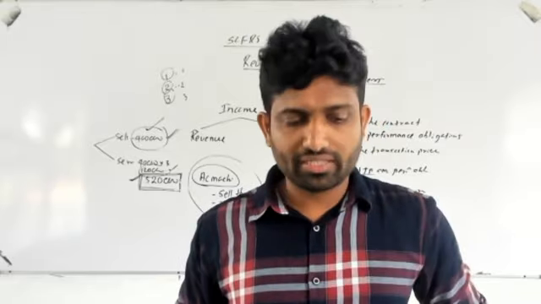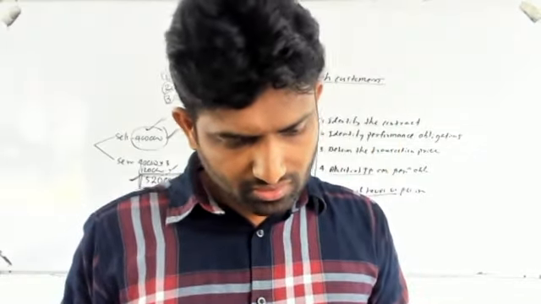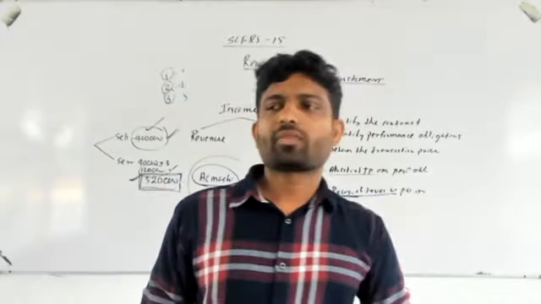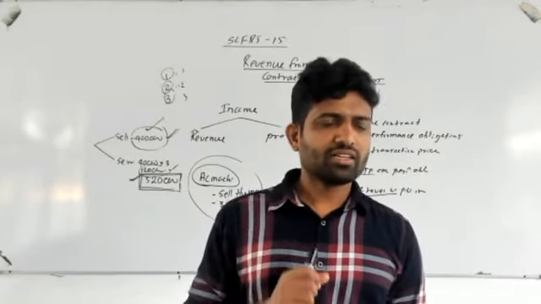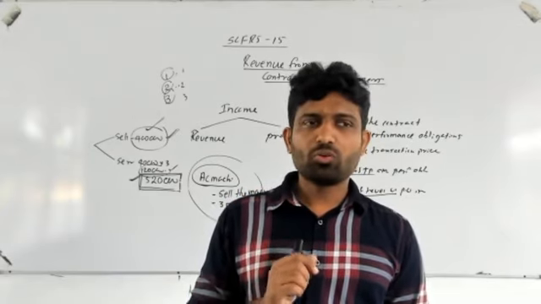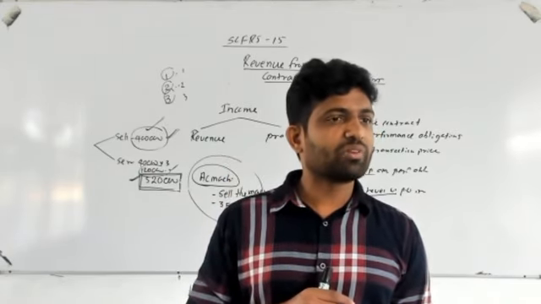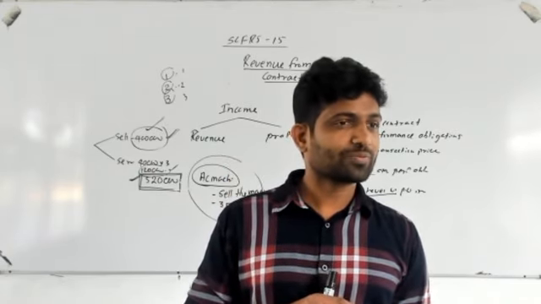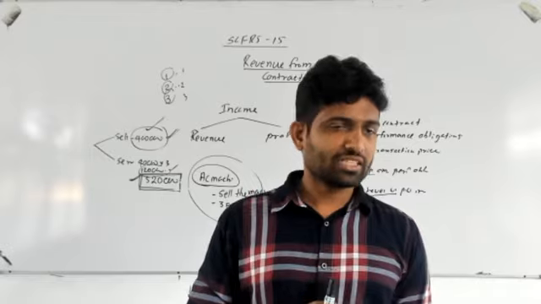It can very well be asked as an MCQ: according to SLFRS 15, how should the transaction price be allocated among performance obligations, on which basis? The basis is the relative standalone selling price.